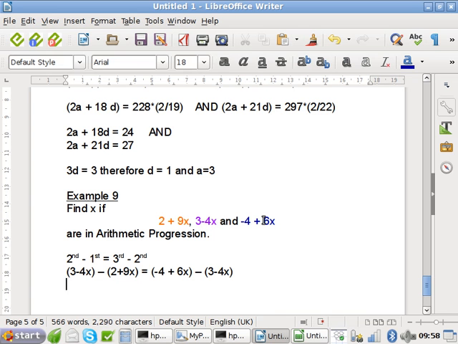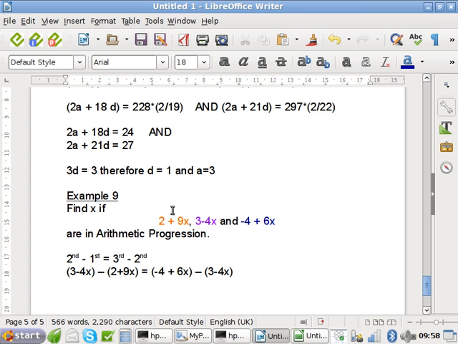Divide by 3 minus 4x. Oh wow, it's complicated. You don't get the d? Oh, but you don't know the d. And that sounds much more complicated because of the divide. First one plus the third one divided by the second one. That scares me. I don't want to do it that way.